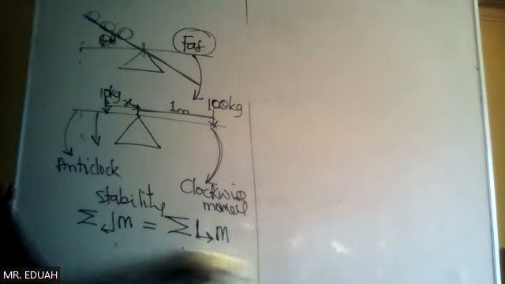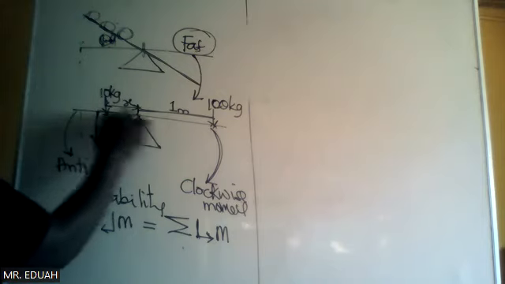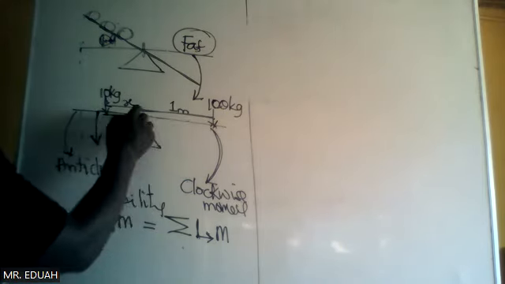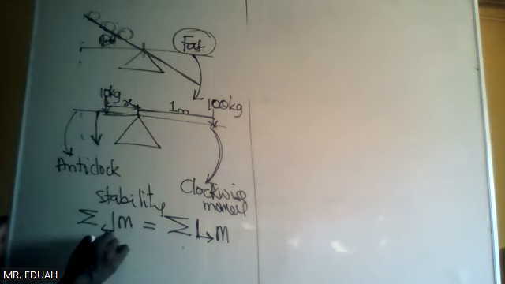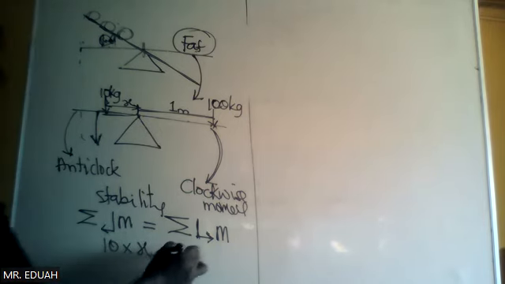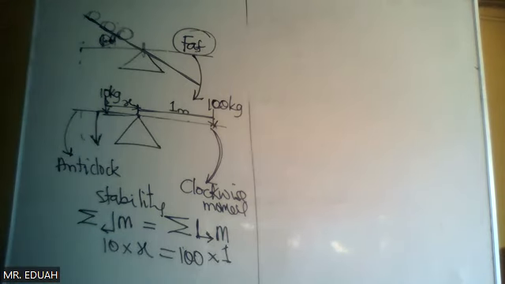Okay. So if I want to determine where this 10 kilogram mass must sit to balance 100 kilogram mass sitting at 1 meter from the pivot, then 10 kilogram by unknown distance must be equal to 100 kilogram by 1 meter.